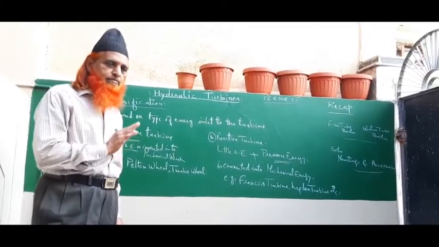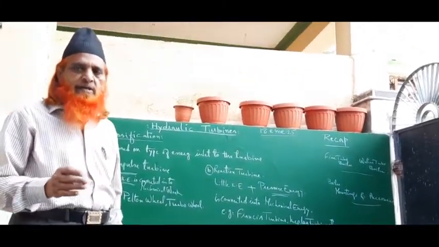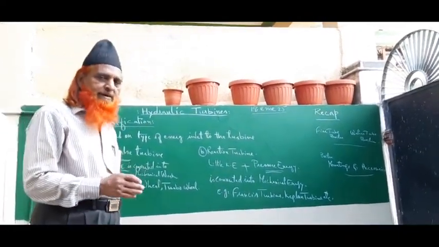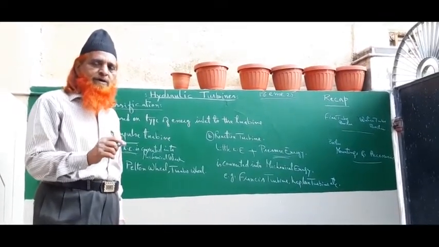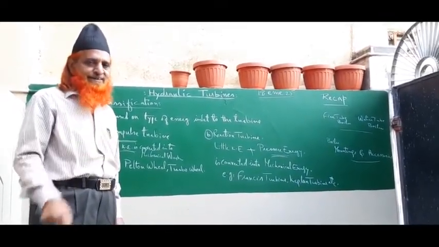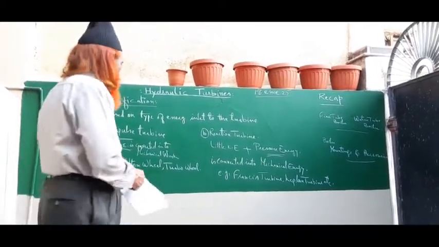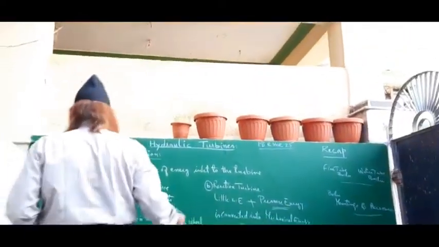That is what an impulse turbine is. In the reaction turbine, because of the pressure of the water, the actual mechanical work is produced, but a little kinetic energy will also be included because the flow will be there. Okay, clear to you? Now let us take down the classification based on the direction of flow.